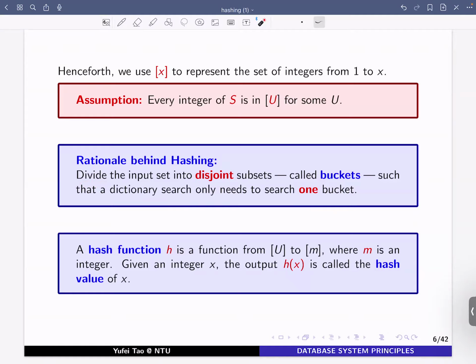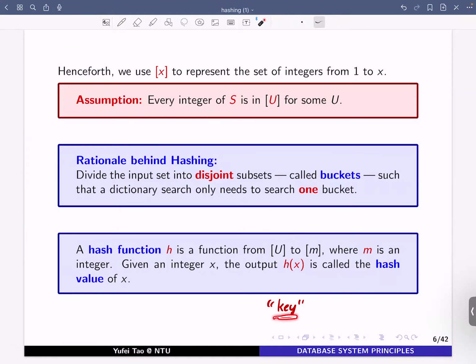So how do we achieve that purpose? This is done using a hash function. A hash function is really an h, and this h takes some value, let's say small x, and this x I'll often call a key. This is also a standard term when you talk about hashing.